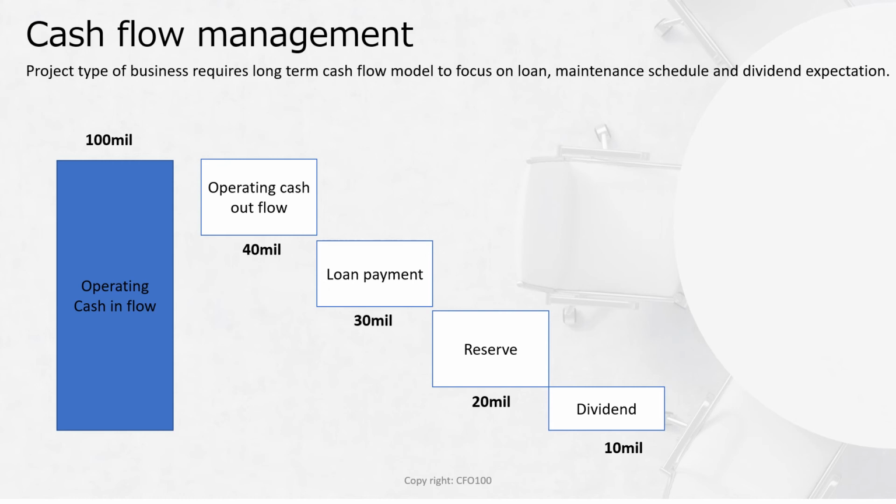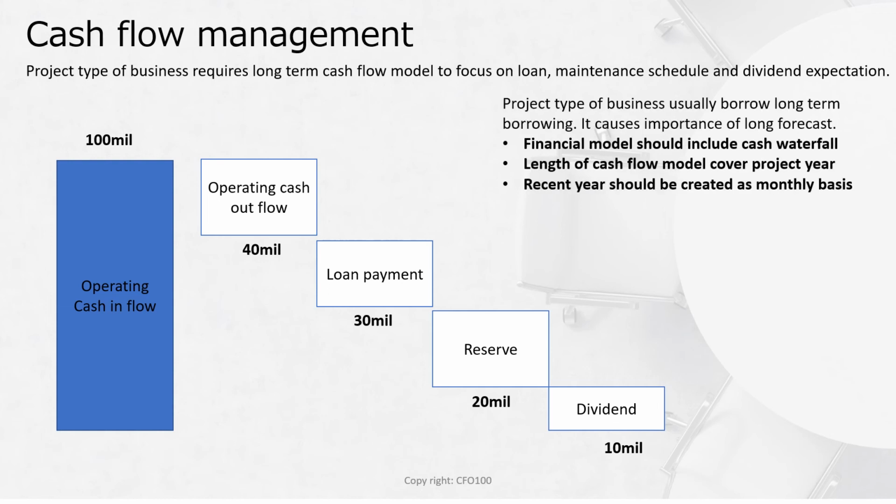This way of thinking and method can be utilized for trading and manufacturing business, but the background of the reason why you are recommended to create cash waterfall is that this type of business usually requires large amount of money for maintenance and loan payback and interest.